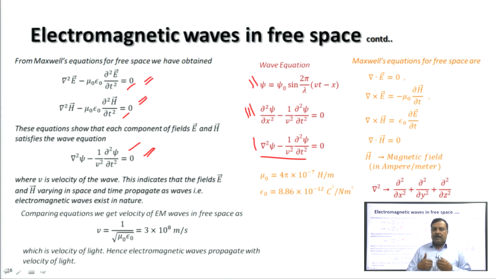If we substitute values of mu 0 and epsilon 0, then this comes out to be 3 into 10 to the power 8 meter per second, which is the velocity of light. So from Maxwell's equations we find that E and H, time varying electric field and magnetic field, propagate as waves with velocity of light.